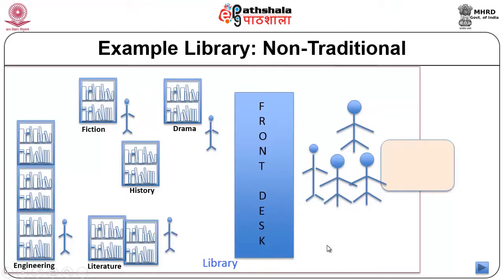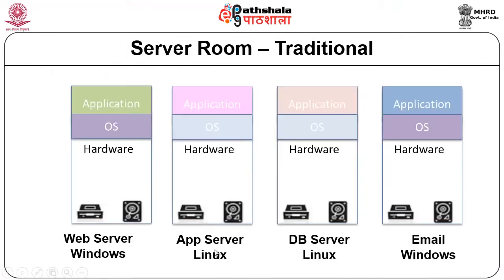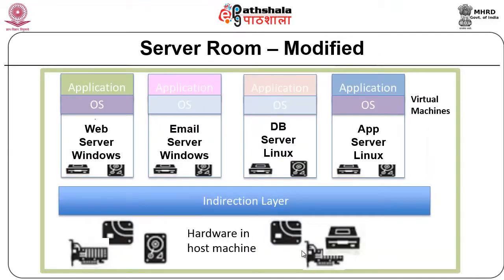So, how is this equivalent to our server system? In our server room, we have 4 machines running 4 different applications on 2 different operating systems. 2 applications are running on Windows and 2 applications are running on Linux. Now, we want to have one machine.